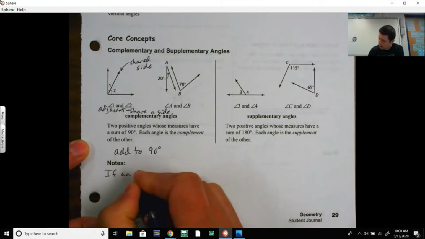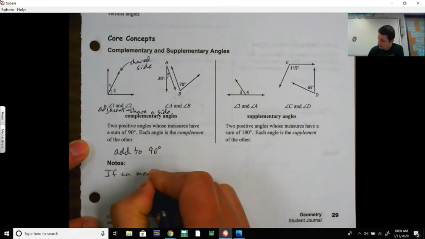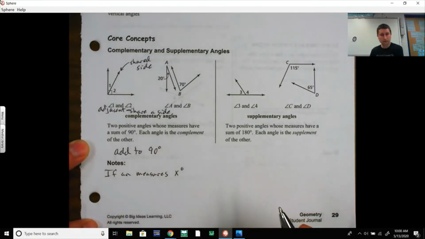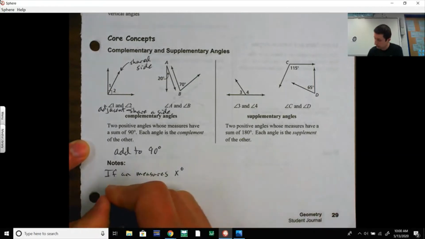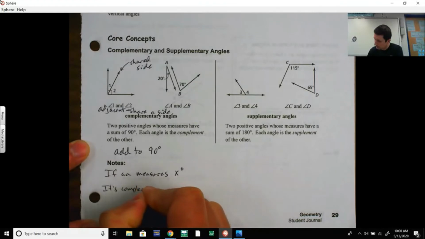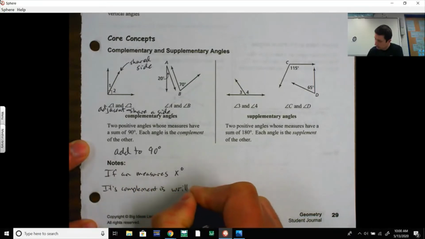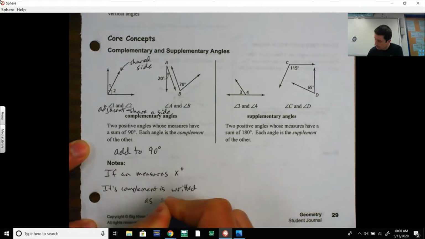Things to add: if an angle measures x degrees, so if you don't know the specific measure, but you know it measures x degrees, its complement is written as 90 minus x degrees.